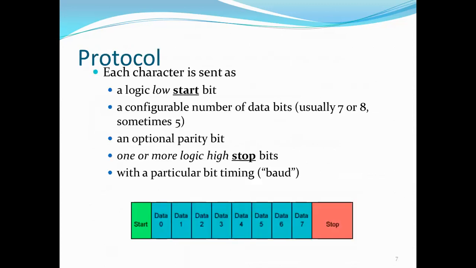In the UART protocol, each character is sent as a logic low start bit, a configurable number of data bits, usually 7 or 8, sometimes 5 data bits, an optional parity bit for checking, and one or more logic high stop bits. The start bit is logic low and the stop bit is logic high.